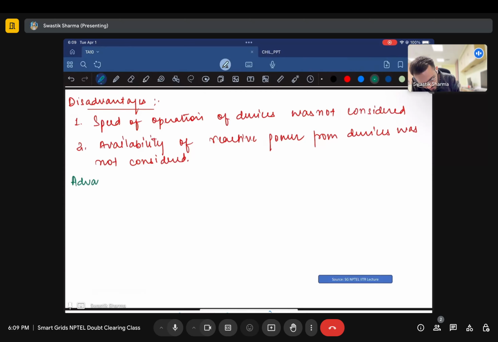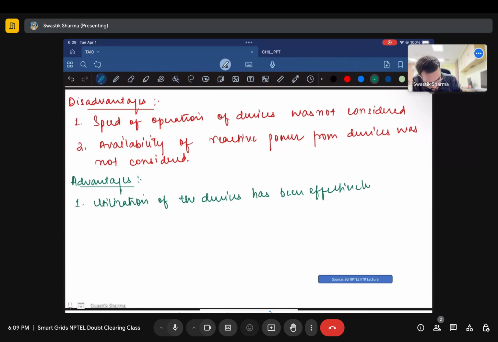Advantages, if we want to check, so what we have done is we have improved the efficiency of the utilization of the devices, utilization effectively increased.